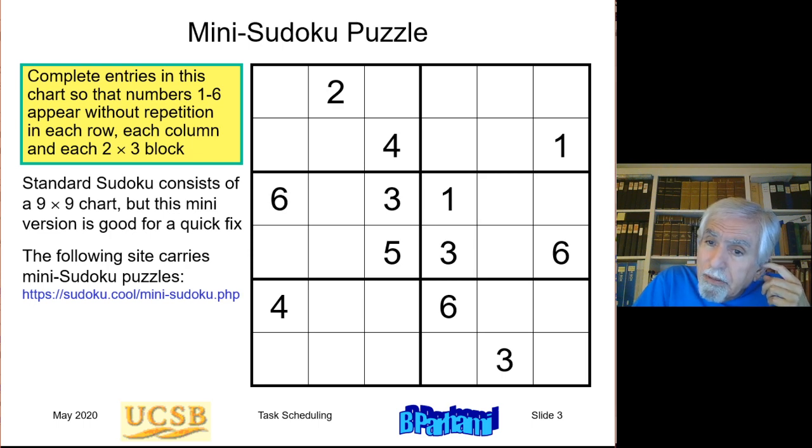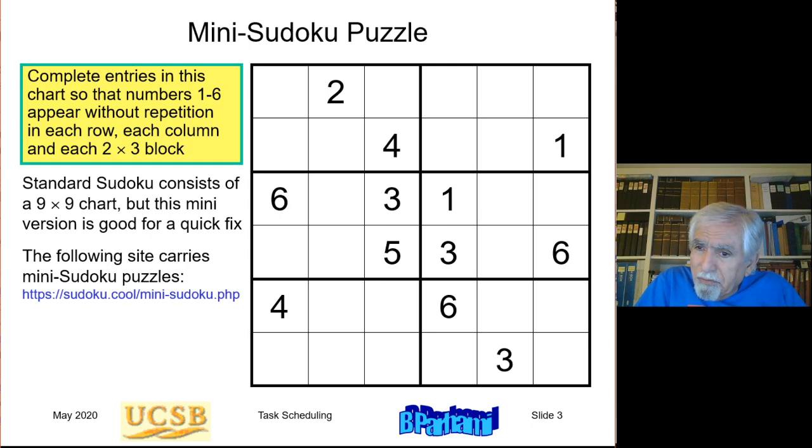So the first variation that we'll consider is what is known as mini Sudoku. It's a 6x6 grid. Standard Sudoku, the one that most people are used to, is a 9x9 grid.